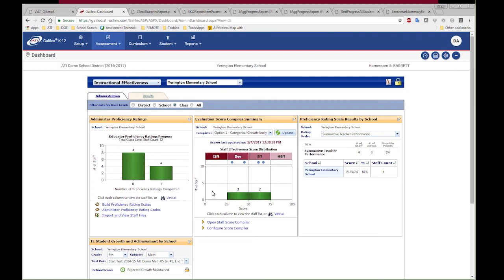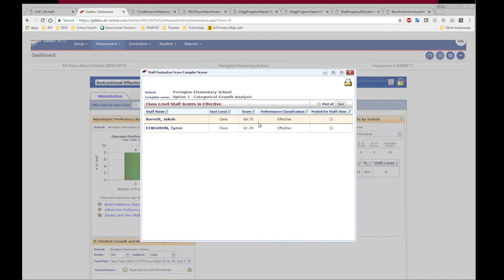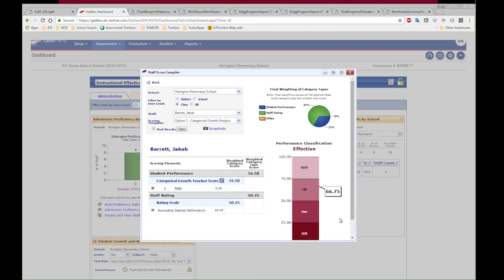You can integrate those tools that you've been using into Galileo. We will take it and create a score compiler to take all of that data from all those elements and use it to create a score compiler so you can give a score to your teacher that kind of looks like this. Mr. Barrett's doing a pretty darn good job with his class.